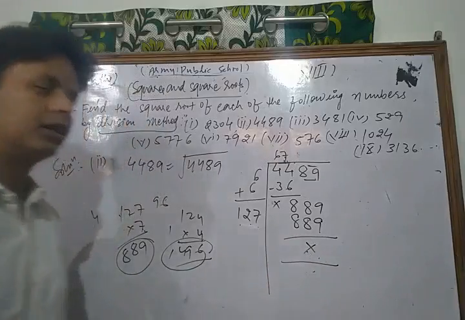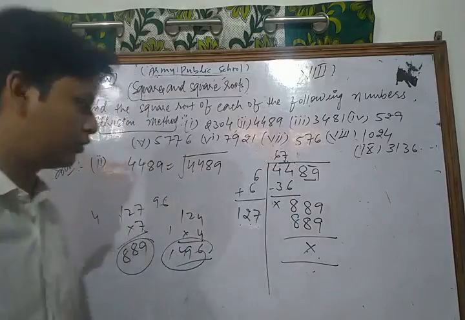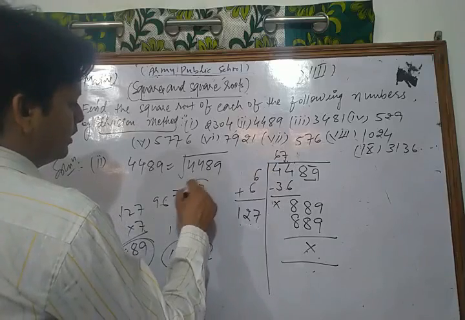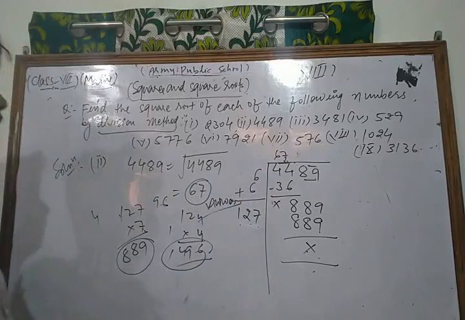Our remainder becomes 0. So our quotient is the required solution of the given question. Thus the square root of 4489 is 67.